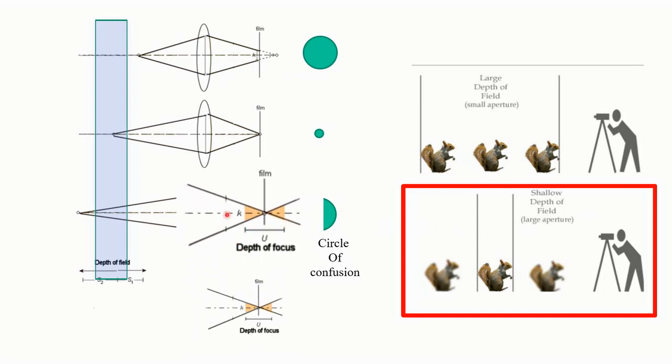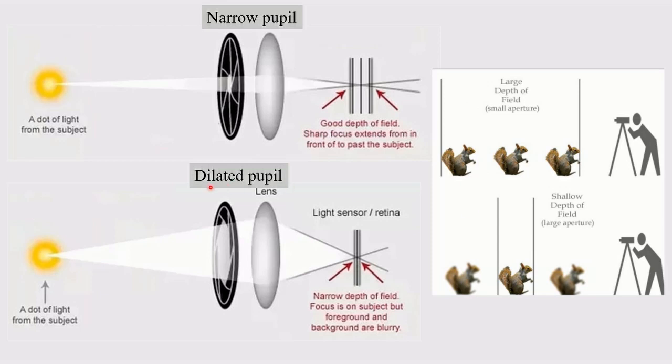In the first situation, when the depth of field was large, the depth of focus is also large. In the second situation, when the depth of field is limited, the depth of focus is also limited. As you notice here, when the pupil is narrow, rays coming from each spot of the object can be focused in the retina.